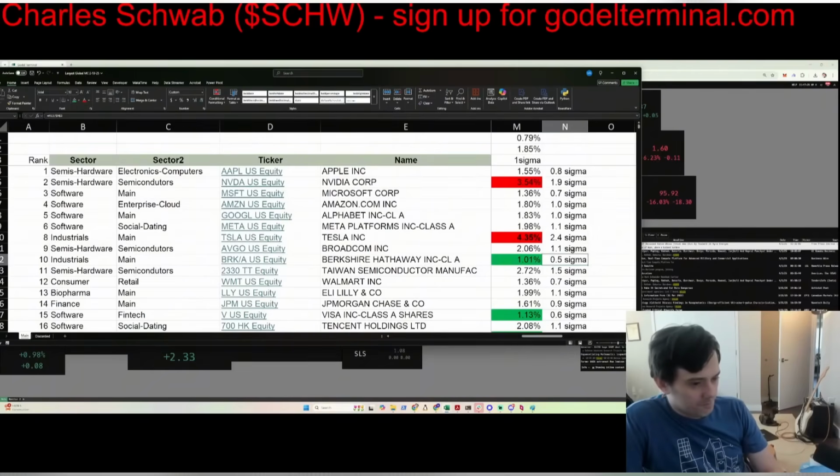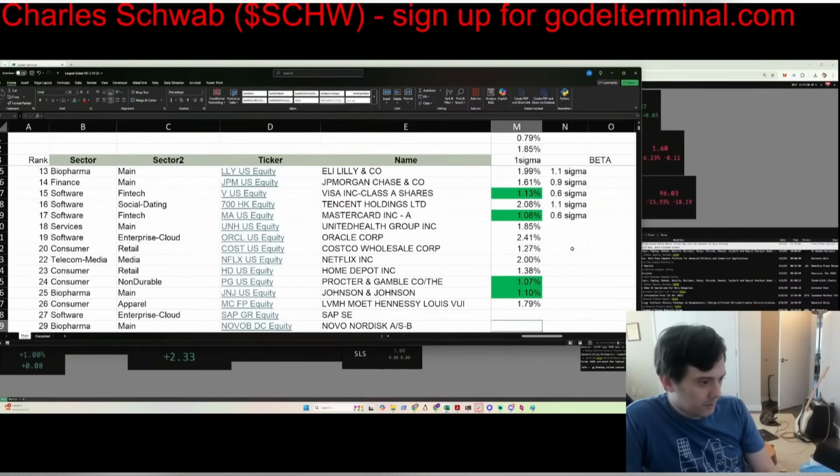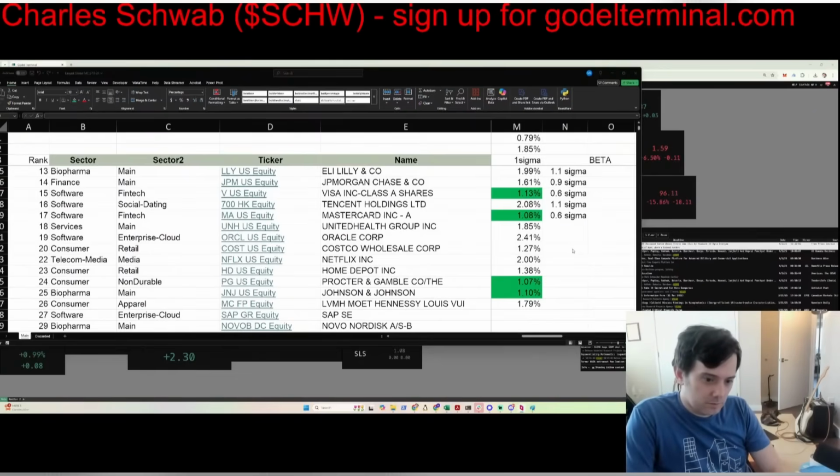You can also just use beta too, which we'll do. Maybe we'll do that in a second. So the 1 sigma daily change.